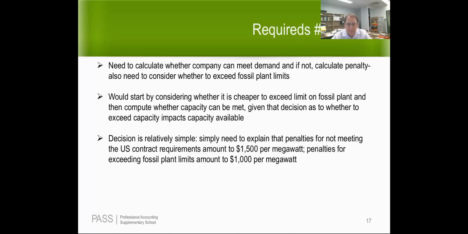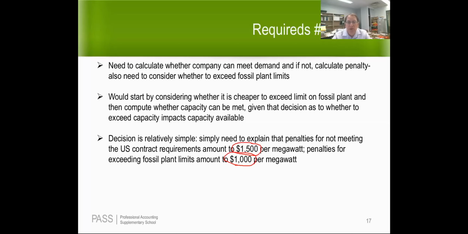Okay. The penalties were $1,500 per megawatt for not meeting the U.S. contract. The penalties for exceeding the fossil plant limits were $1,000. What would you rather do? That was literally one of the requirements that people should have addressed.